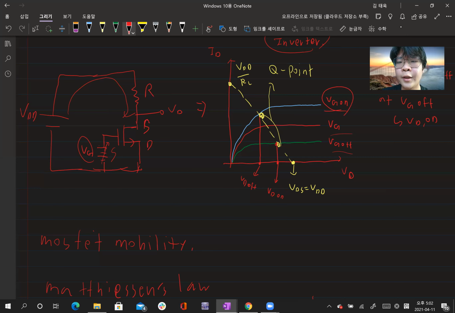If we define this as the high signal in a digital system, and this off VG voltage as low, then the output will be: if an off signal comes into the gate, the drain voltage will be high. And if the gate voltage is high, the drain voltage will be off and low.